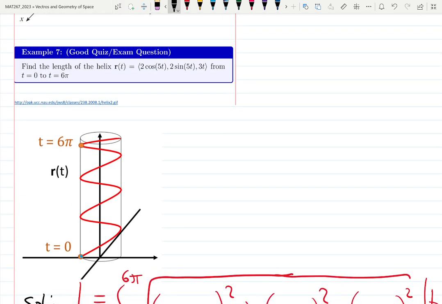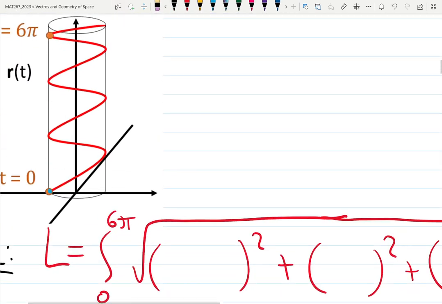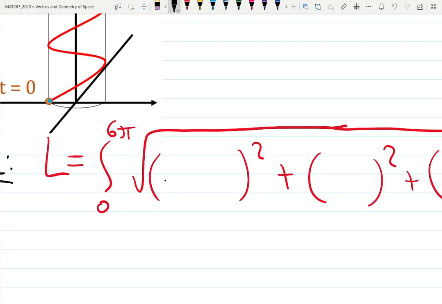So what I'm talking about, derivative squared, I'm quickly finding derivatives of what I see in front of me. That's what I'm doing here. The derivative of 2 cosine 5t is minus 2 sine 5t. Yes or no? What's missing? 5. Times 5. So it's 10, right? Don't forget chain rule. Good job.